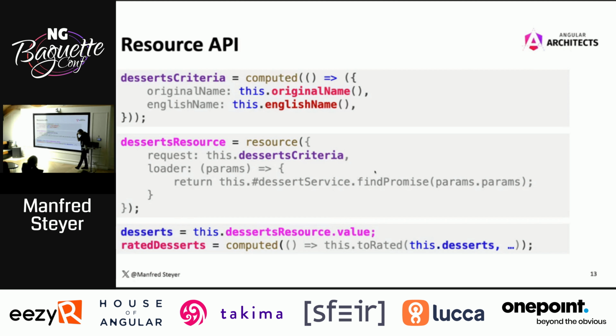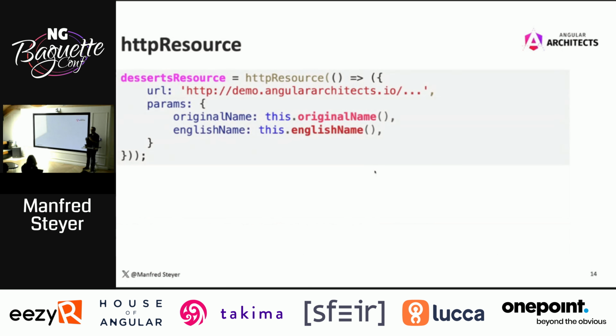However, the thing is, usually you don't want to work on this low level with promises. Usually you want to work on a higher abstraction level, like with observables. For this, we have an rxResource. Or, and this is new with Angular, the httpResource, that is basically doing an HTTP request. You pass in a URL.